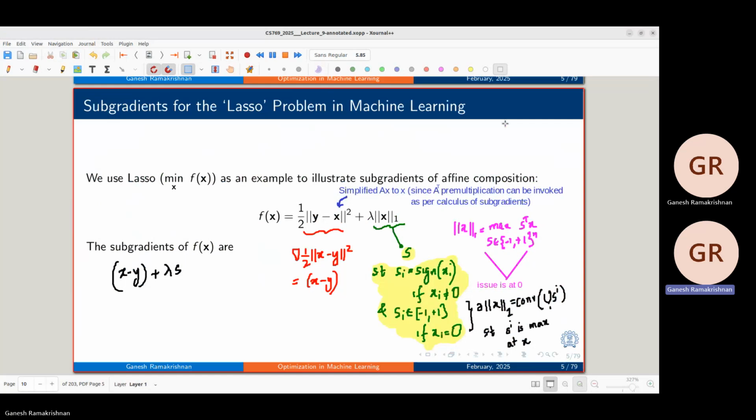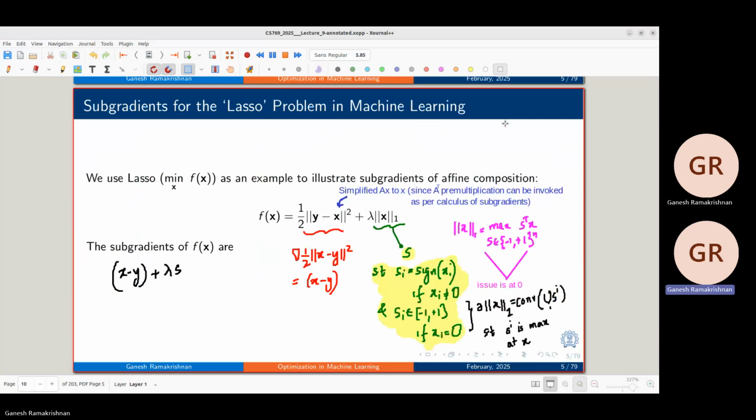I've just taken the simplified expression. I've used x instead of w. Usually you use w for the weights. X is the parameters. I'm going to look at the subgradient for this part.